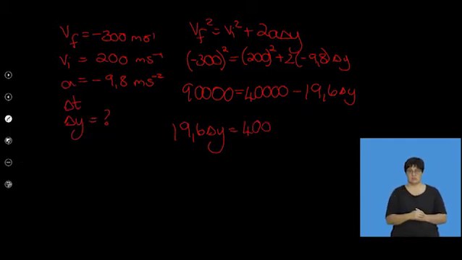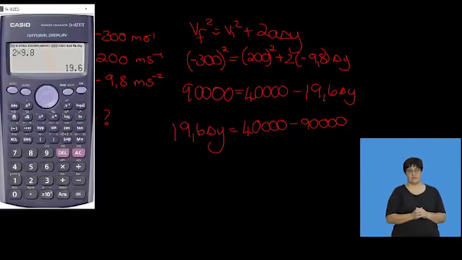So now we're going to have 40,000 minus 90,000. And of course, I'm going to need to have delta y on its own. So we've got 40,000 minus 90,000, and we get minus 50,000.